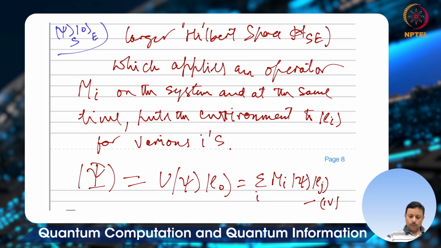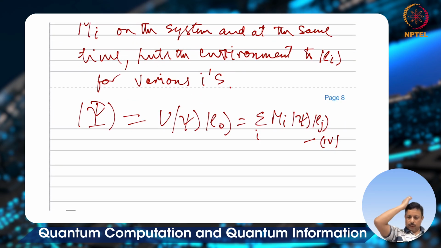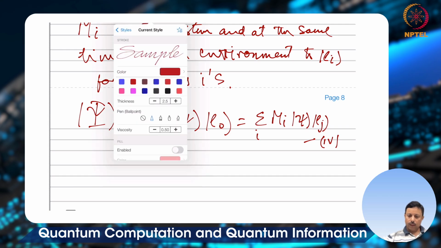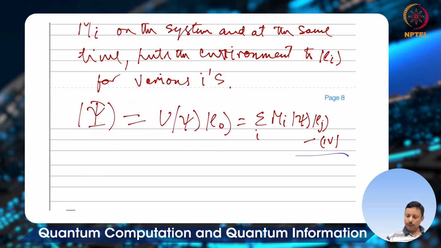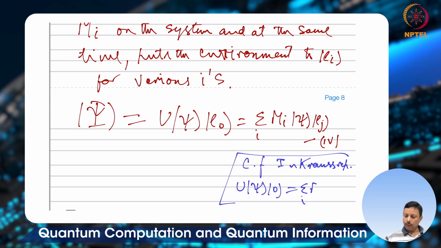I will stop here, but I just want to draw your attention to a couple of things. In the Kraus representation, we had seen that U acting on psi times 0 is equal to the sum over k of E_k psi times k.